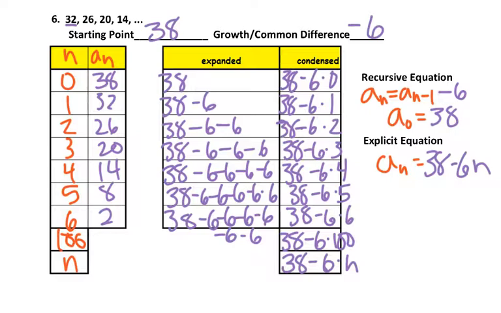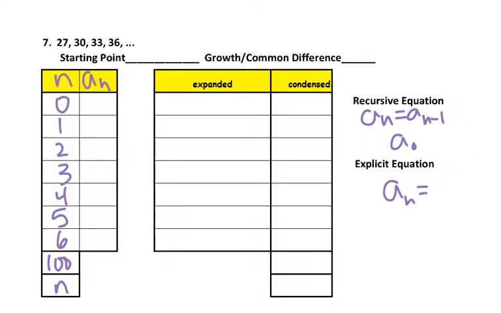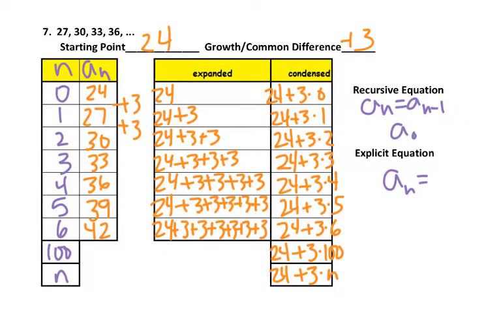All right, so let's take a look at this side. All right, for sake of time, I've kind of already filled it out, but again, we go with the pattern. Starting, our first term is 27. We add 3 each time. Going back minus 3, we get 24. So starting at 24, common difference of 3. So we added 3 each time, and we started at 24.